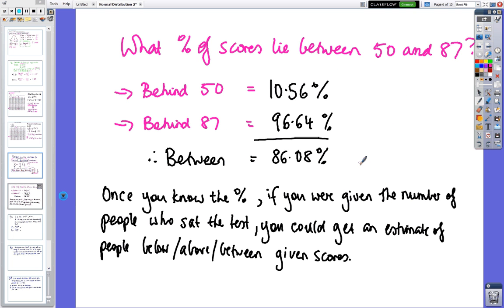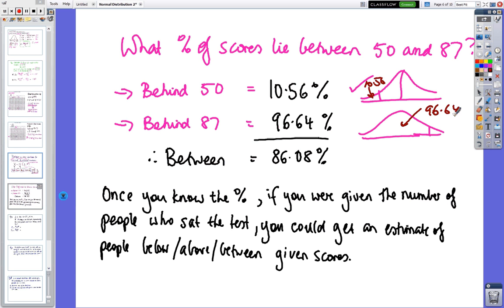Okay, so what do you do when you have scores between certain numbers? In those previous examples, I had 10.56 behind, and then the next one I had 96.64 behind. So to get in between, you just have to subtract.